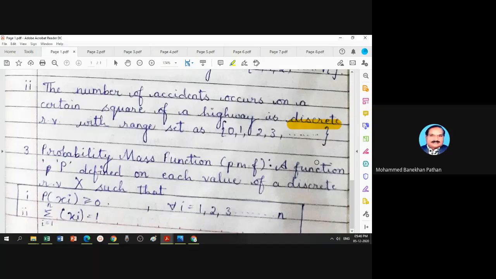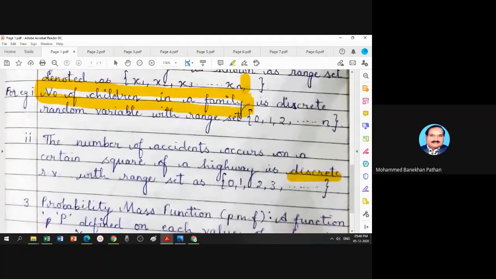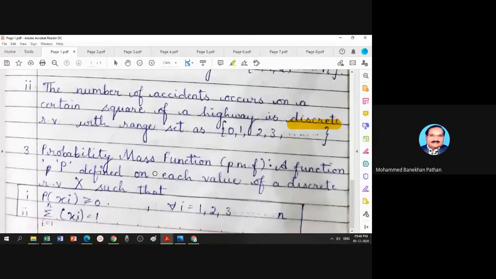So I have a function P, that means I have a relation which is defined on each value of the discrete random variable X. That means I define capital P on x1, similarly x2, and so on. How do I define it? There is a condition.